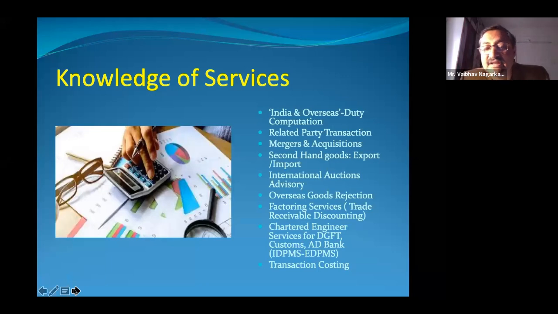Chartered engineer services: I am also a chartered engineer and have been registered with customs for more than 12-13 years. There is a big demand, as customs is looking for chartered engineers and valuers to be empaneled with them. From time to time they declare through advertisements the requirement of chartered engineers and valuers. They take the interview.